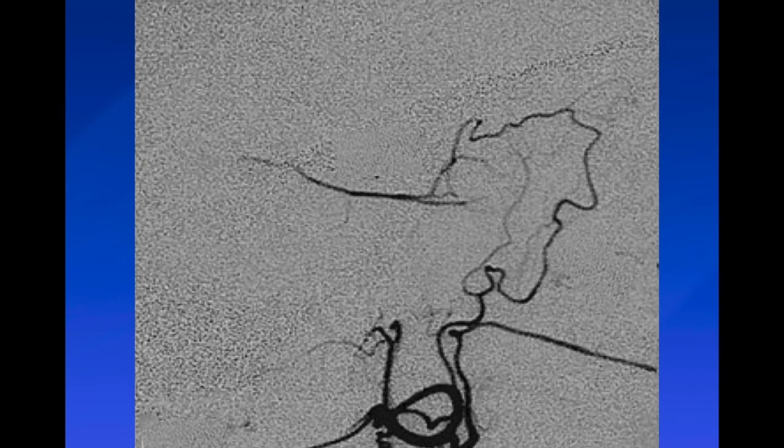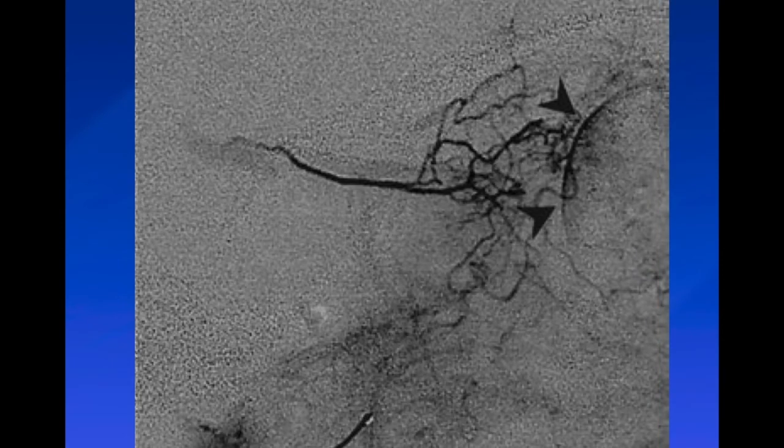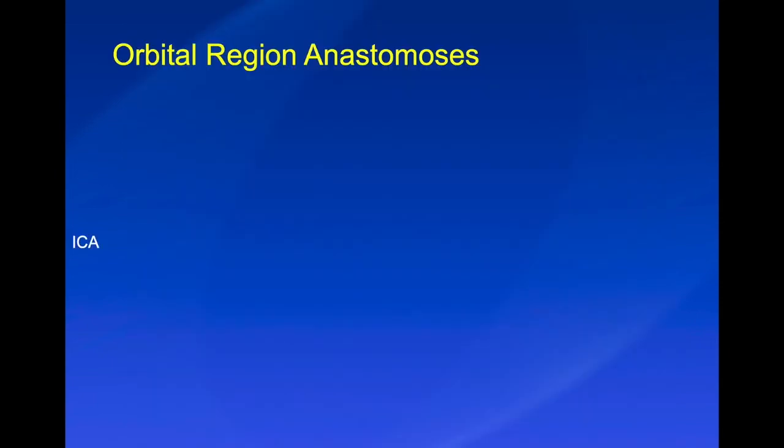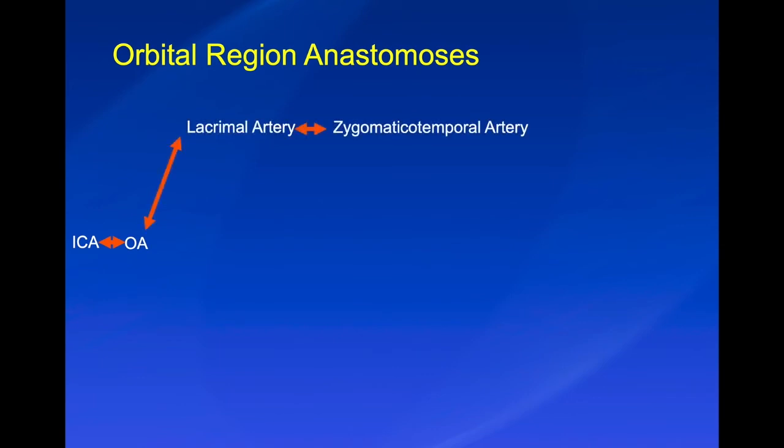And the deep temporal artery ends up anastomosing with the ophthalmic artery through the zygomaticotemporal artery and then lacrimal artery. And you can actually see the choroid blush on this patient right here. So ICA to ophthalmic artery to lacrimal artery to zygomaticotemporal artery to the deep temporal artery.